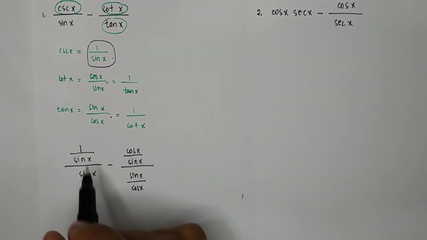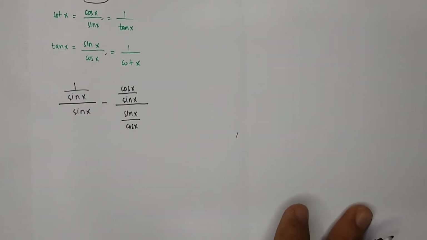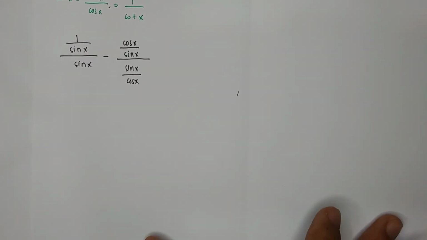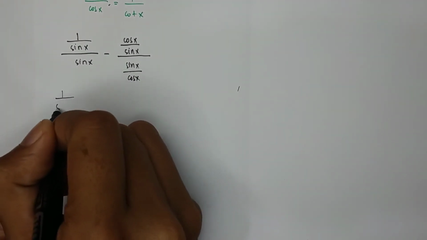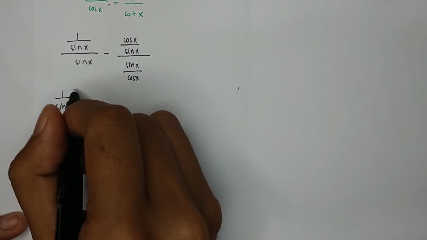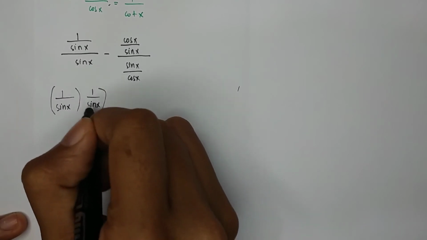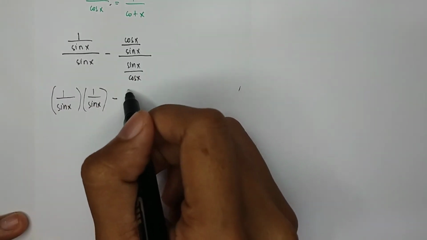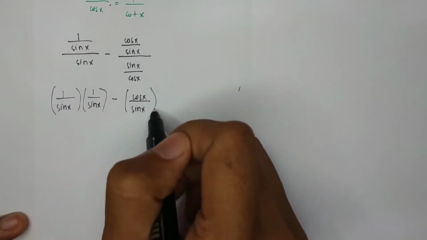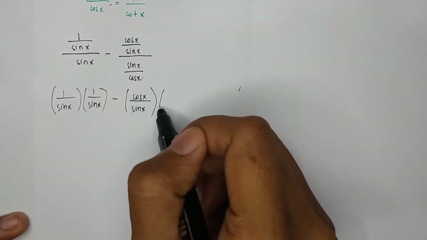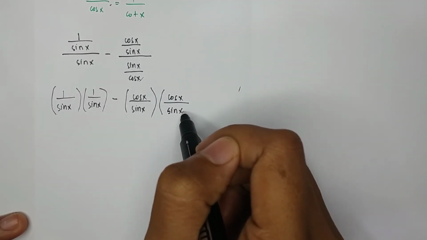Okay, then after that, we need to divide this one. So to divide, we need to get the reciprocal of the denominator, then proceed to multiplication. So we have 1 over sine x times 1 over sine x, minus copy cosine x over sine x, at saka yung reciprocal ng denominator natin, this will be cosine x over sine x.